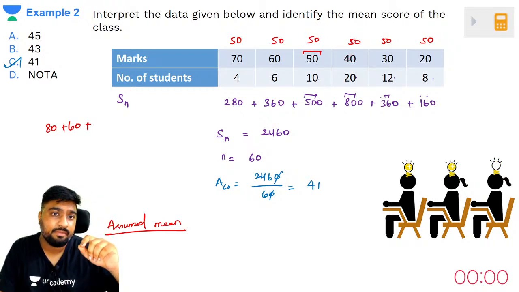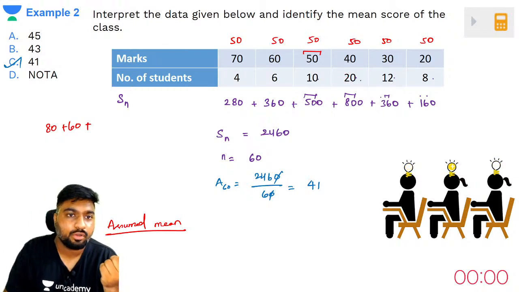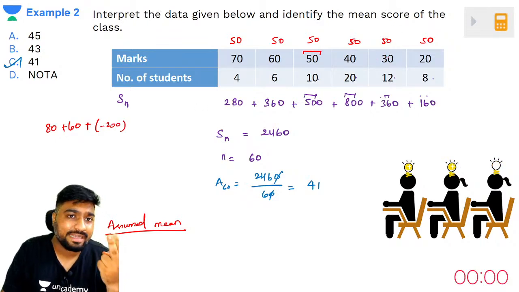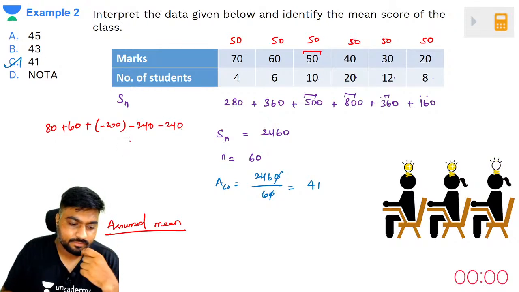Look at this. Here I am adding 10 extra for 20 people. So minus 200. Here also 20 marks extra for 12 people, that is minus 240. Here 30 marks extra for 8 people, minus 240. Are you able to understand?